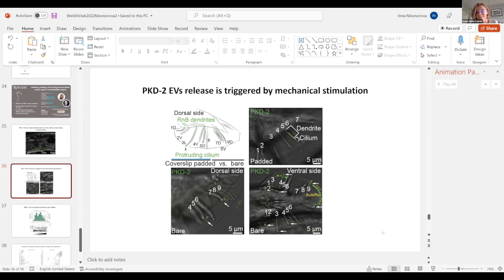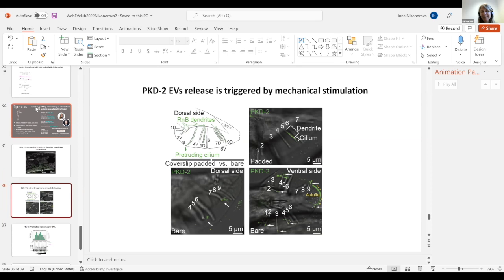Great. Yeah, thanks for the answer. I think that's a very interesting approach to take. So maybe just a follow-up question to that. I'm not so familiar with C. elegans EVs, but I was surprised that in, let's say, mammalian cells, you would see these vesicles formed throughout the membrane. The membrane would be almost blebbing, or at different sites there would be release of EVs.